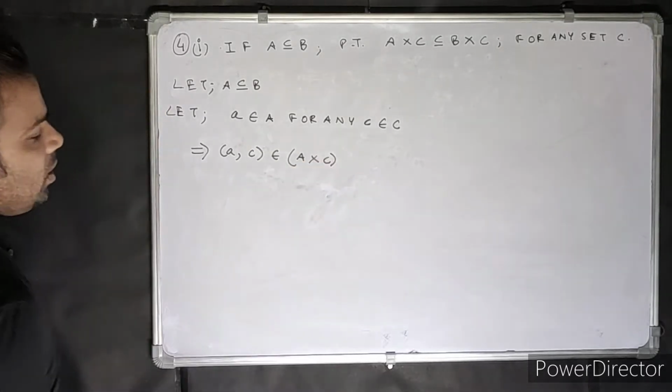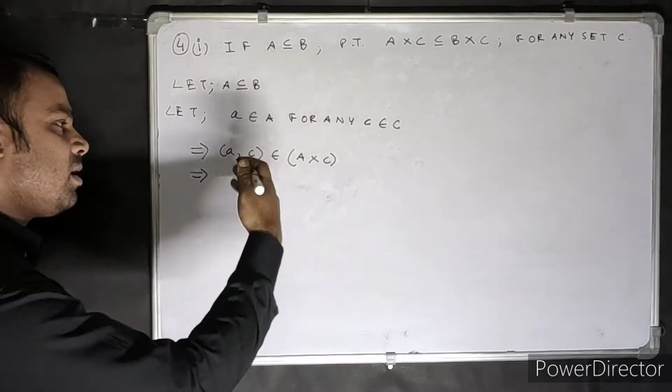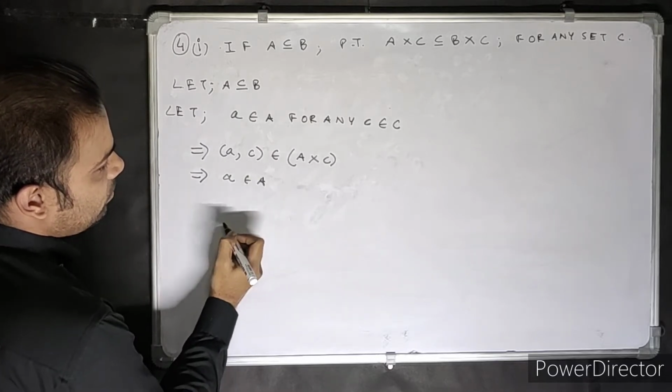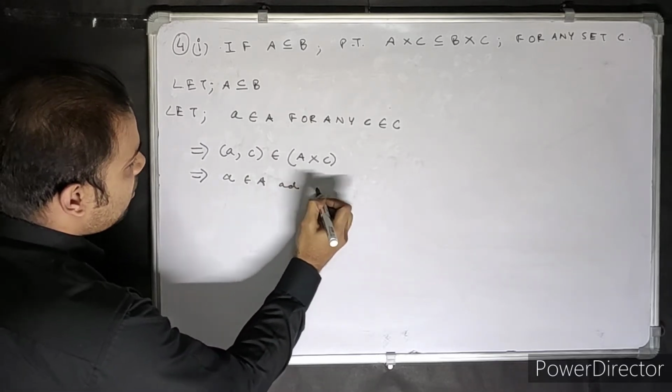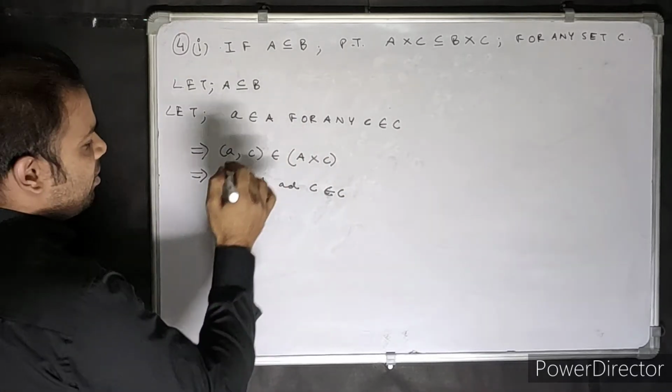We start with a comma c belongs to A cross C, which implies, actually we can do one more step and then continue from here, a belongs to A and c belongs to C. Actually, we came back to what we had written at first.